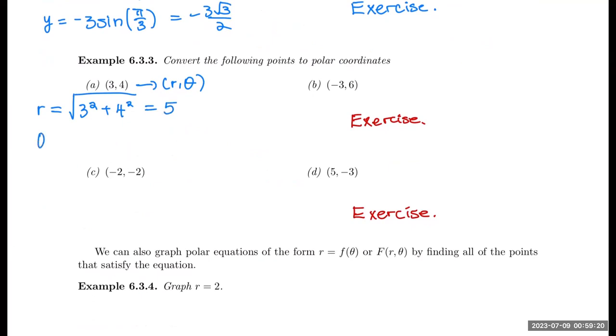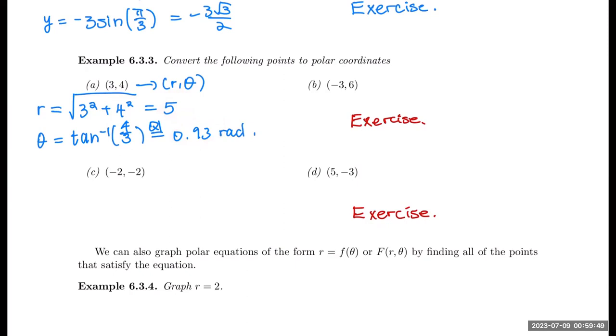Then theta here is the tan inverse of y divided by x, or 4 divided by 3, and it lies in quadrant 1. So that is approximately 0.93 radians. So this is your r, this is your theta here.